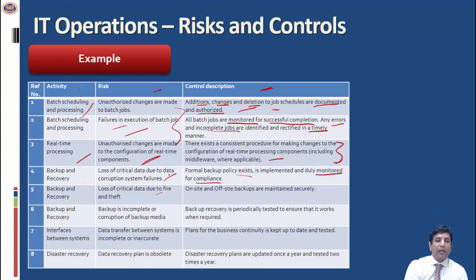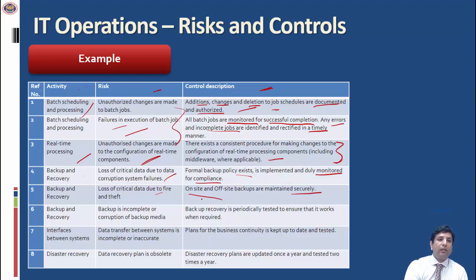Loss of data due to fire and theft, which are environmental and physical controls. So for mitigating that risk of loss of data due to fire and theft, the control is on-site and off-site backups are maintained in a secure manner.